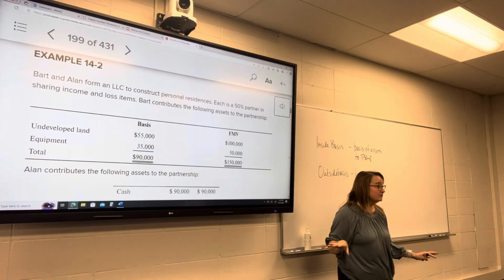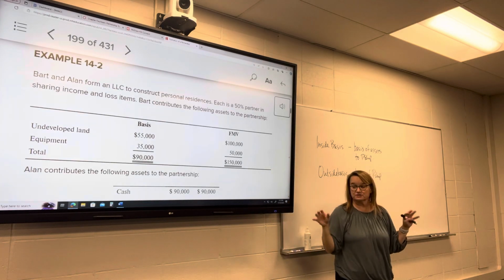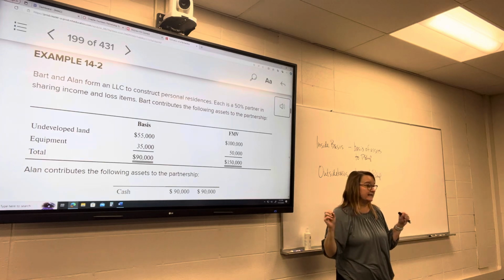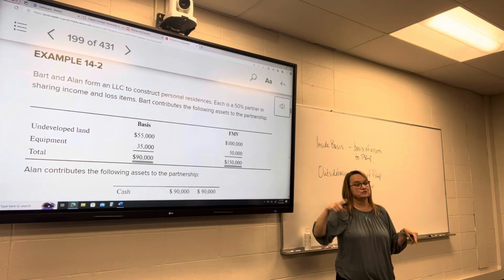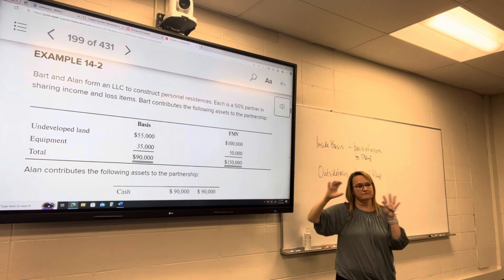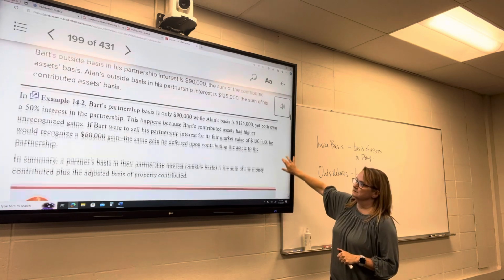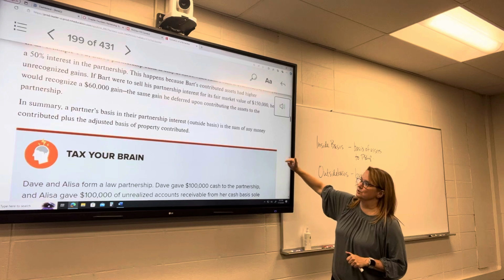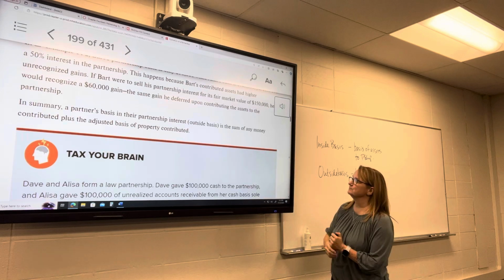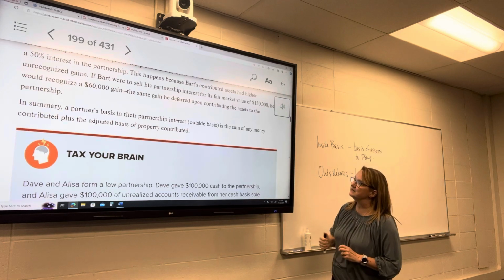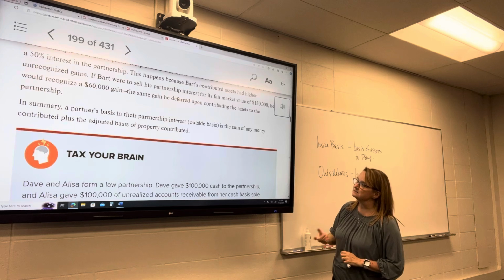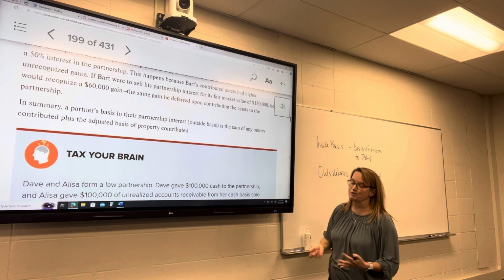So he doesn't get out of having to declare and realize that gain, right? It's just that it's now kind of in a different form through the partnership. So partners' basis in their partnership interest is the sum of any money contributed plus the adjusted basis of property contributed.